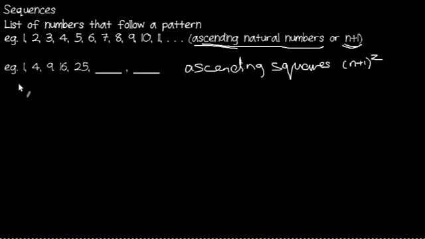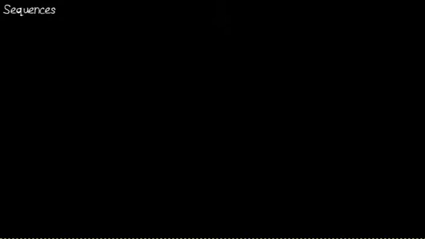This is n equals 1, 2, 3, 4, 5. So from this one, n plus 1 is 6. 6 squared is just 36. So n here is 6, plus 1 is 7. 7 squared is 49. But we again knew this from ascending squares.